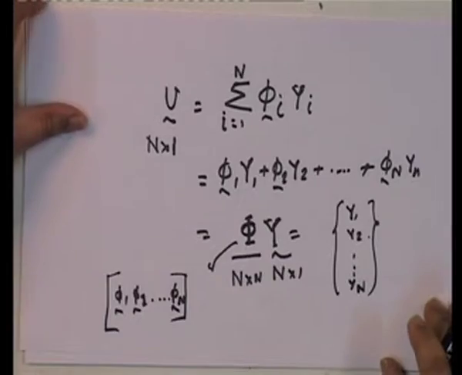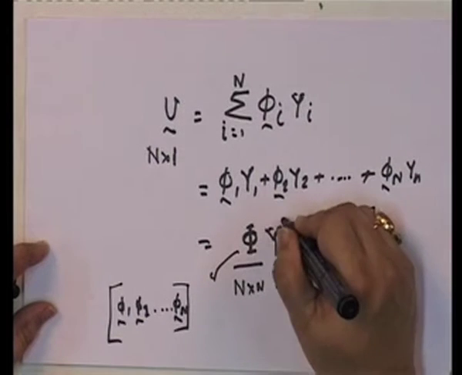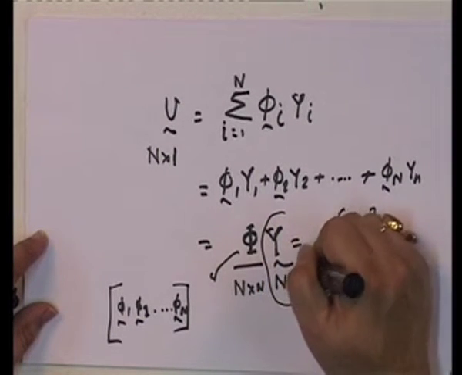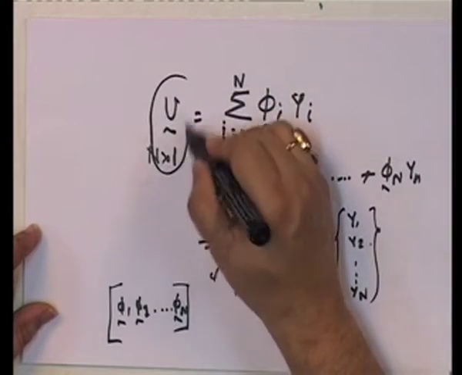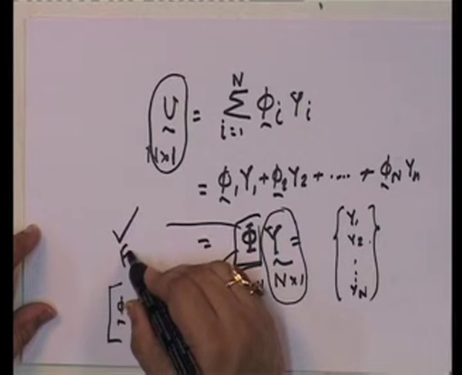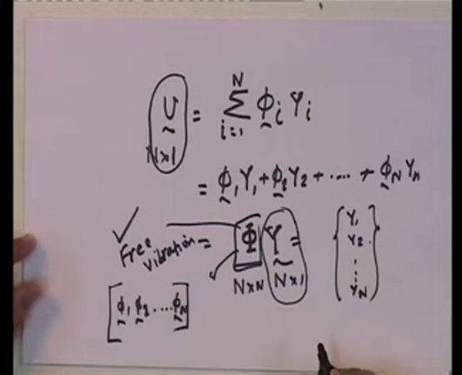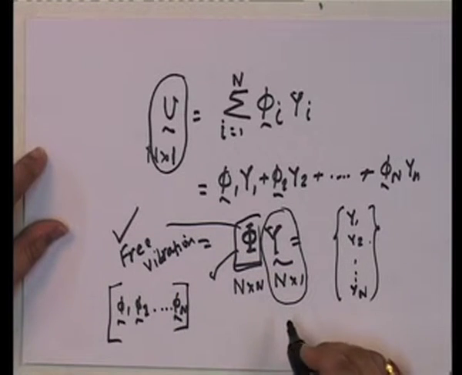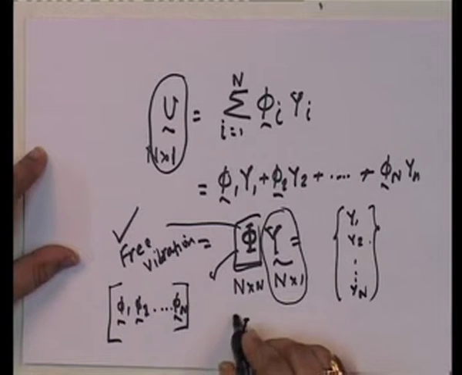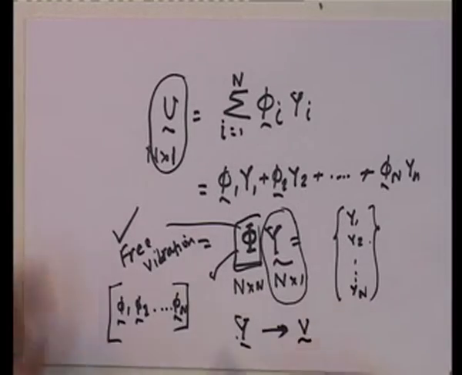Anyway, so now we also saw that if I know the modal amplitudes, I can find v because phi is known from free vibration. Okay. So, the way of going from y to v is relatively easy.